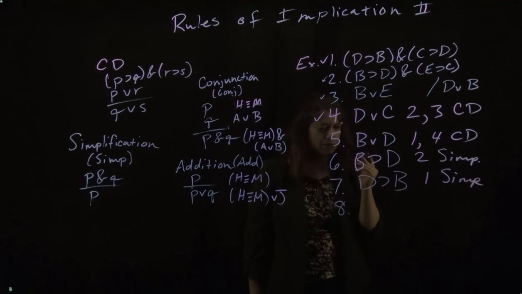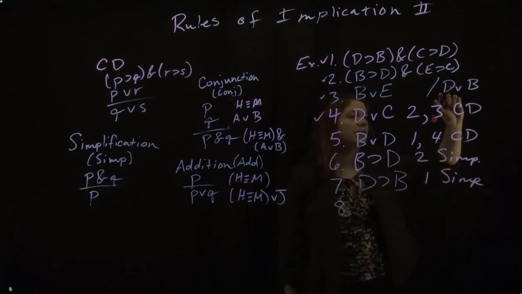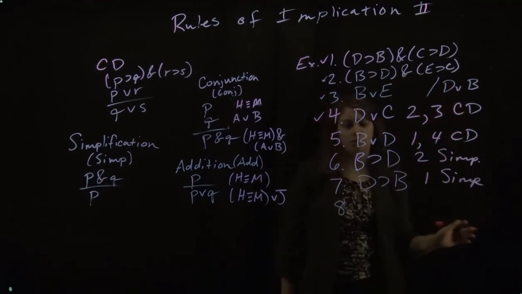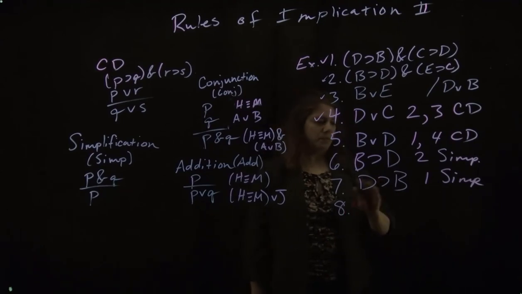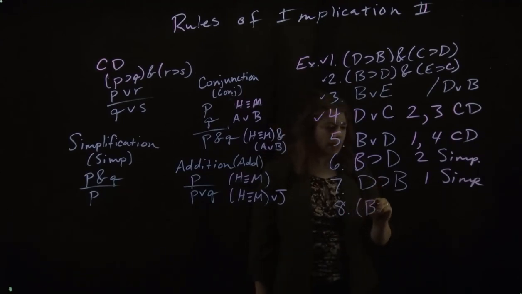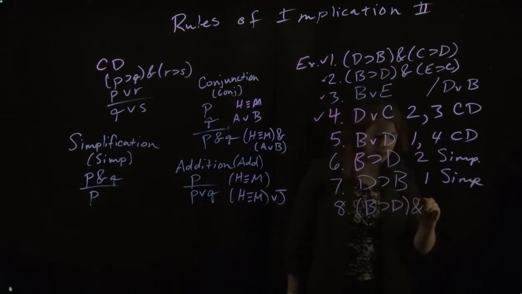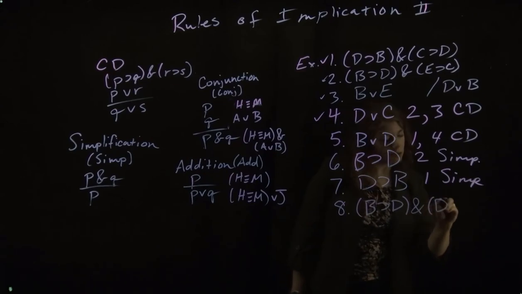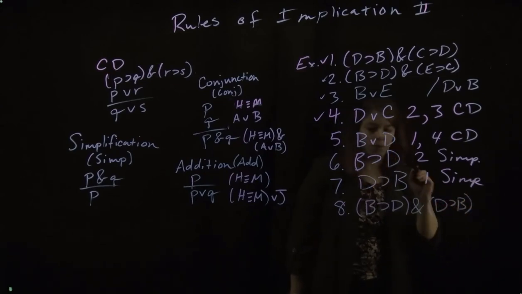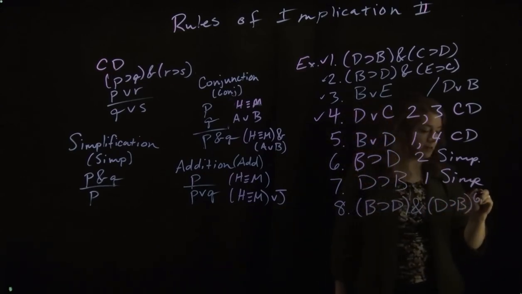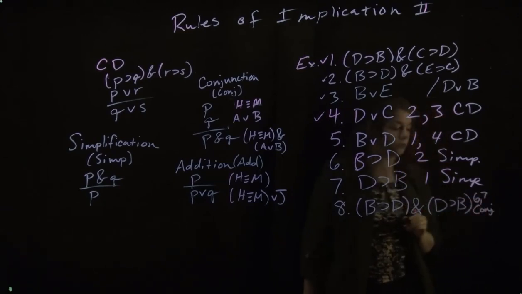Again, we're trying to create a constructive dilemma because we've already eliminated the idea that we're going to do something with addition here. So in order to get that, we're going to need to conjoin lines 6 and 7. So we got B horseshoe D and D horseshoe B, and we got that by lines 6 and 7 through the rule of conjunction, combining two lines there.